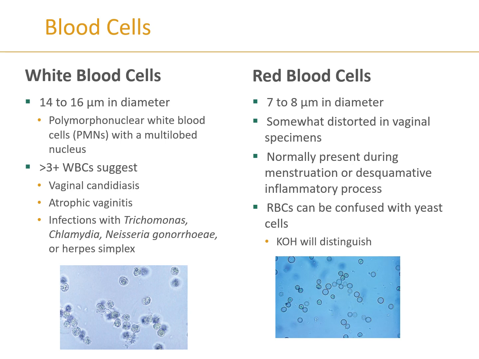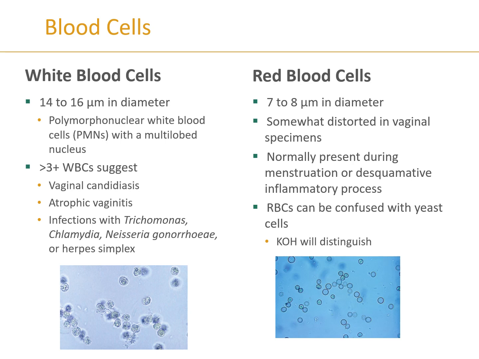If your white blood cell count is greater than 3+, and I think there is a chart in your textbook that explains how to quantitate these, but you would have to basically go by the criteria that's established for your facility as far as quantitation. But if you see greater than 3+ white blood cells, then that would suggest that you do have some sort of irritation or infection going on, whether it's a yeast infection or bacterial infection.